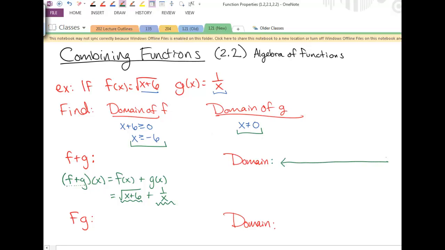If I sketch this on a number line here, the domain for f is negative 6, everything there and above, but then g says we have to leave out 0. So the new domain is going to be negative 6 and above, but leaving 0 out. There would be the interval notation for that.